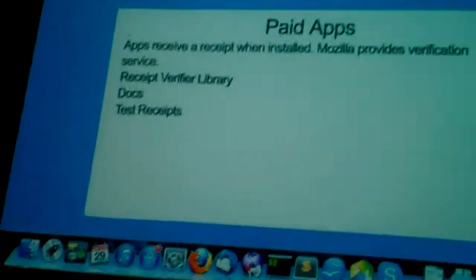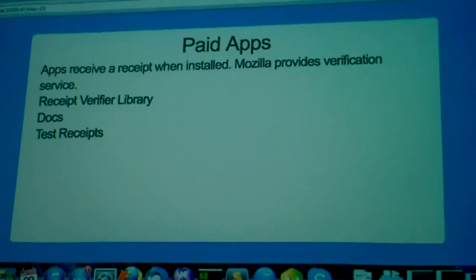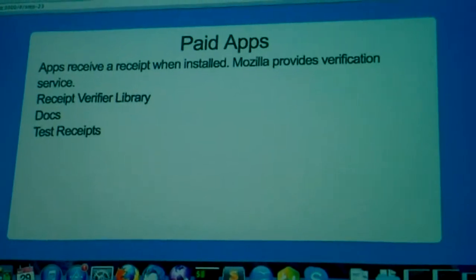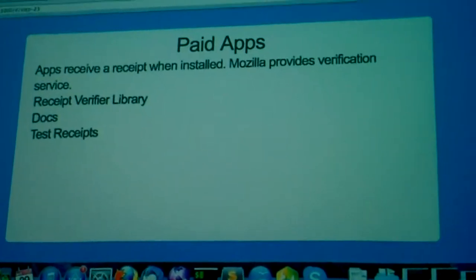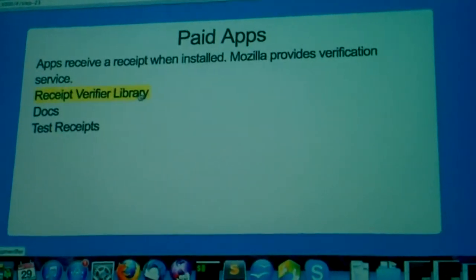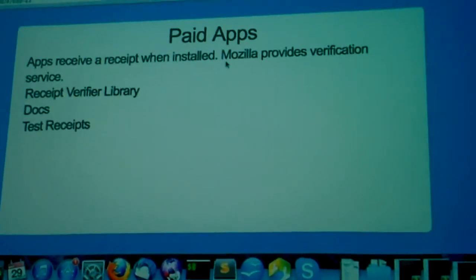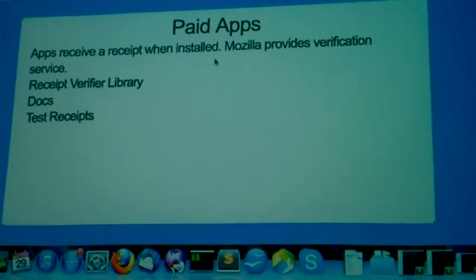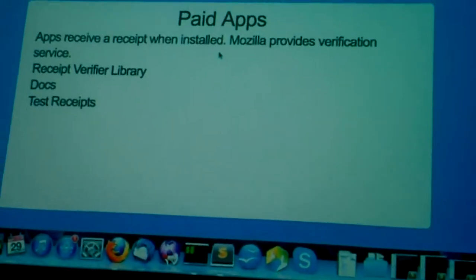And so with paid applications, when an application is installed, a receipt object is linked to the installed app record. And so we provide a receipt verifier library where if you expect your app to be paid for, we provide a service that will verify the receipt, but you need to contact our service and say, is this receipt still valid?